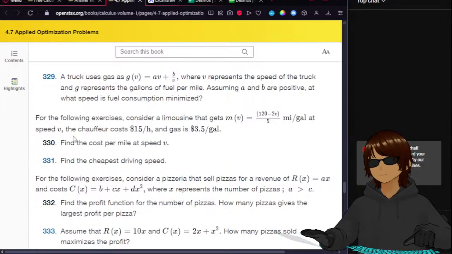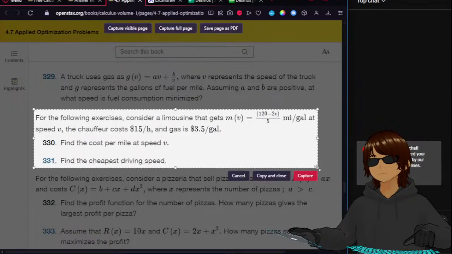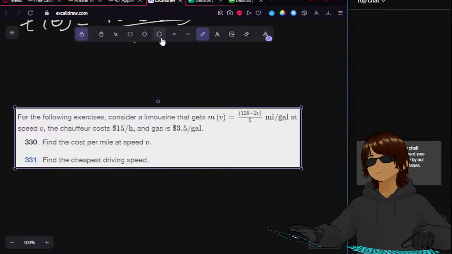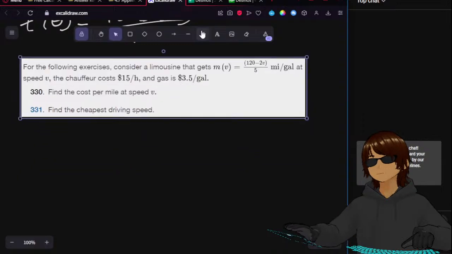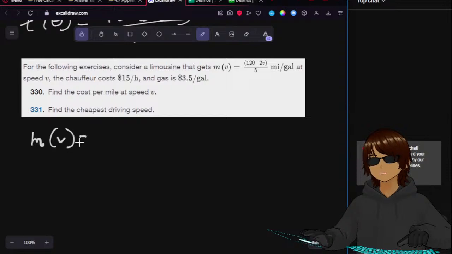The chauffeur costs $15 an hour and gas is $3.5 a gallon. So let's do this. MV 120 minus 2V.